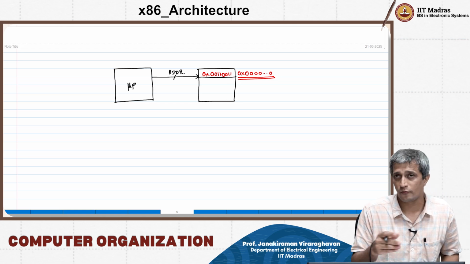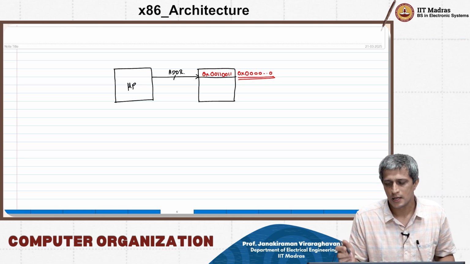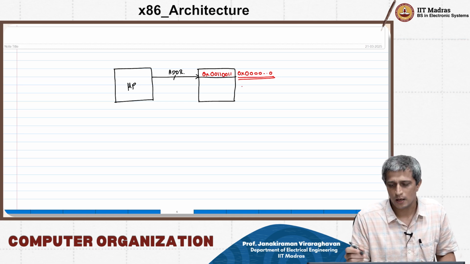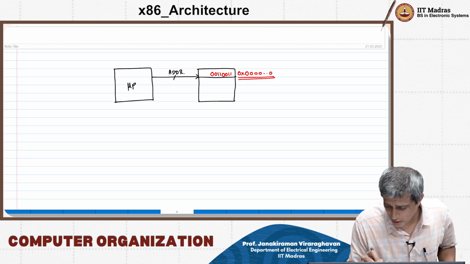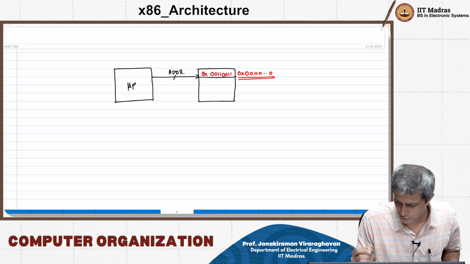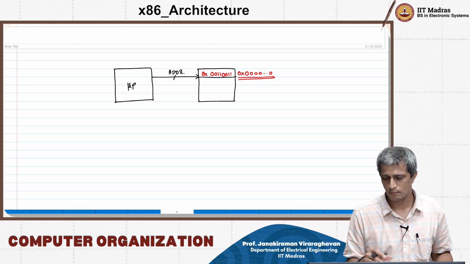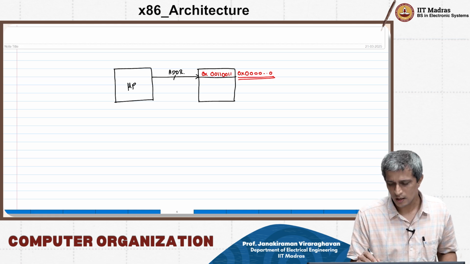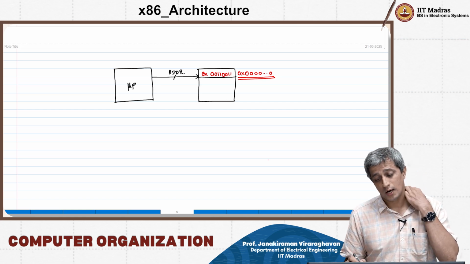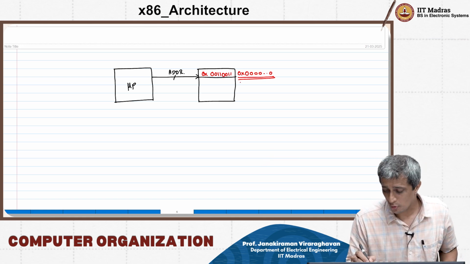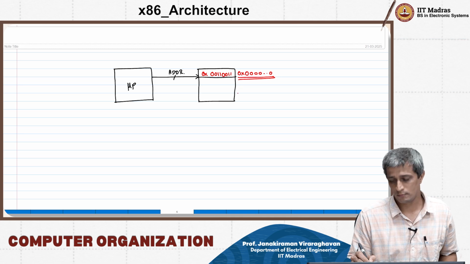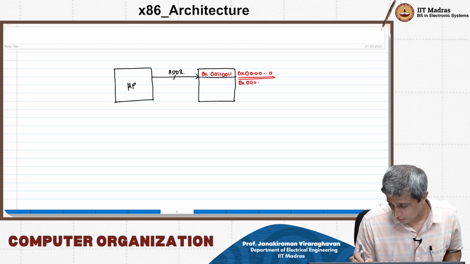If this is where the first instruction was, then it knows that, even though the memory is byte aligned, this 0x0011 instruction is going to take 32 bits. That means the next instruction is going to be available 4 locations down. So it will be 0x000 all the way to 4.